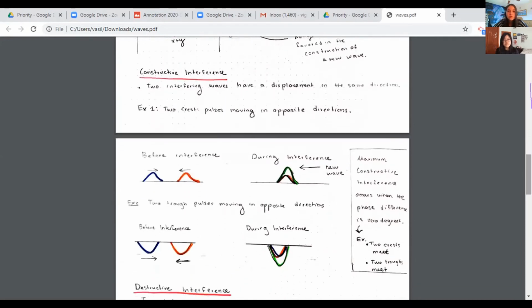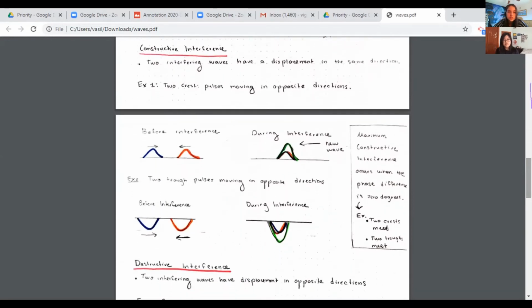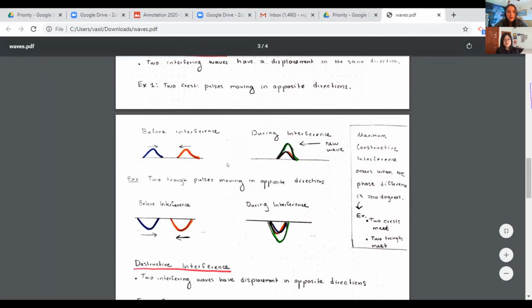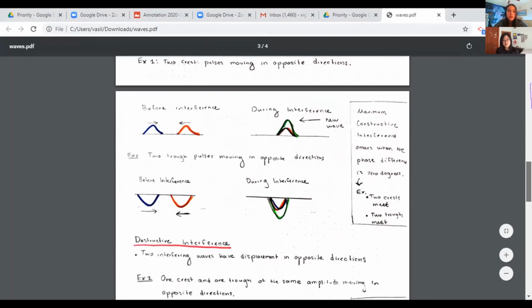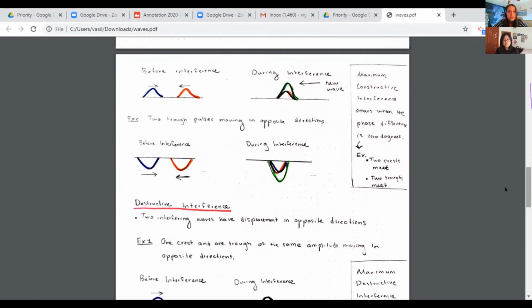For example, two crest pulses moving in opposite directions. As you can see here, during the interference, their amplitudes would combine, and you would have one wave with a larger amplitude. The same happens with two troughs moving in opposite directions.